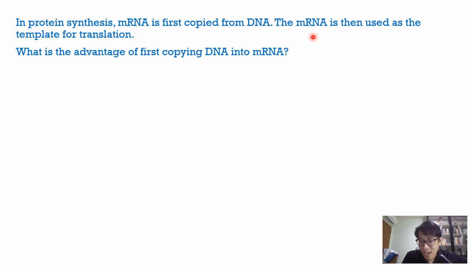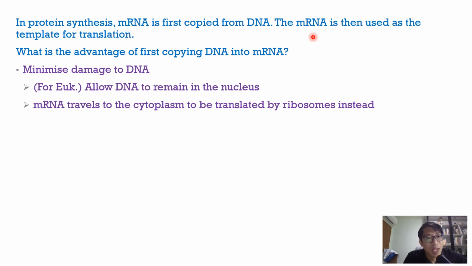Okay, so some possible reasons through evolution would be, we don't want the DNA to be exposed to so many things. For a eukaryote especially, the DNA should stay in the nucleus for protection, to prevent damage and prevent mutations. But for a eukaryote especially, translation only occurs in the cytoplasm.